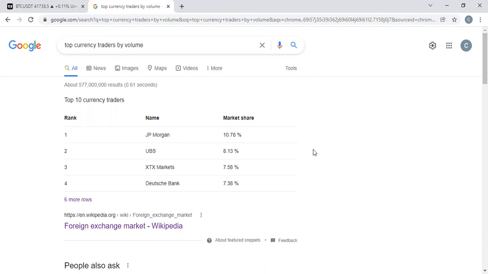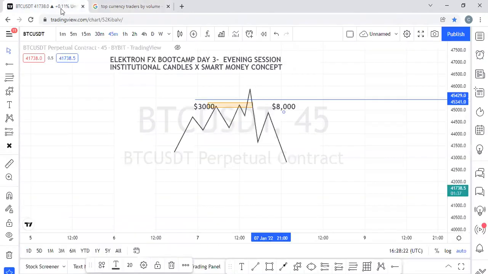Imagine that is a lot of money, right? So these guys have the money to push price in whatever direction they please. So that is why these candles are printed. You see these candles that take out stop loss before going intended direction.